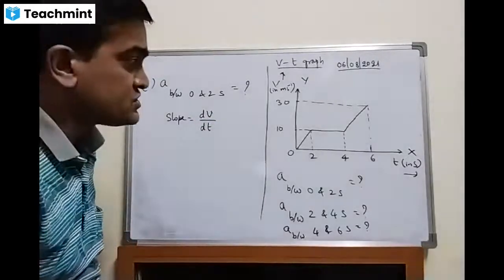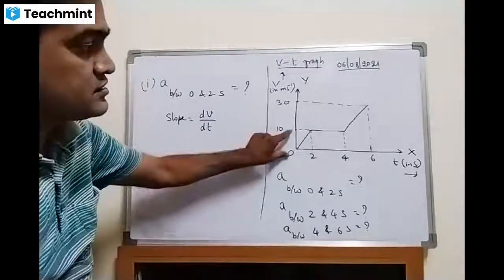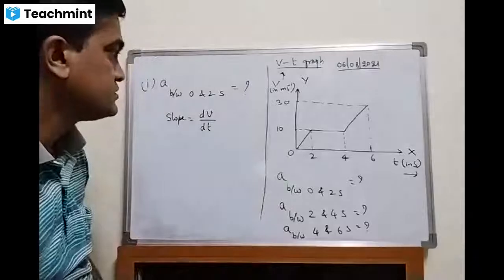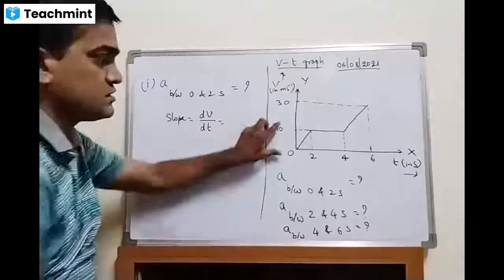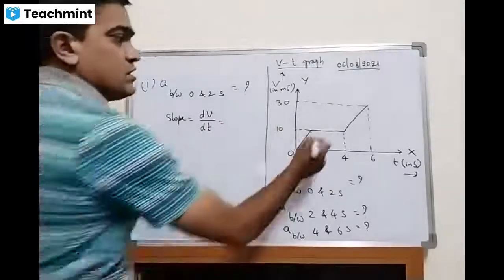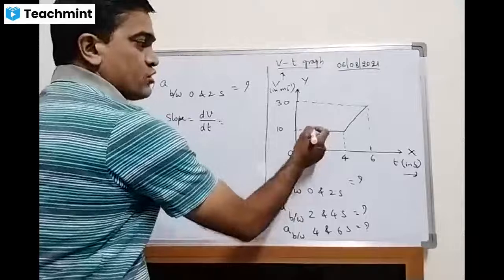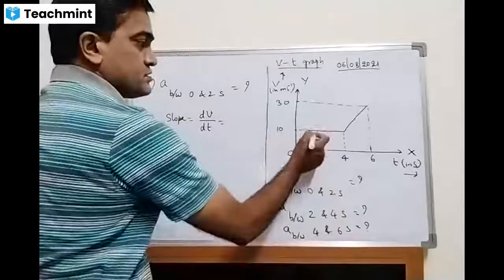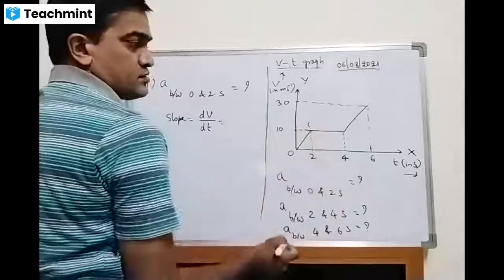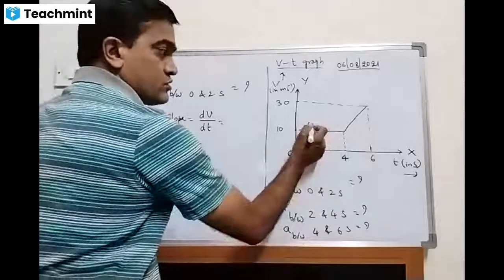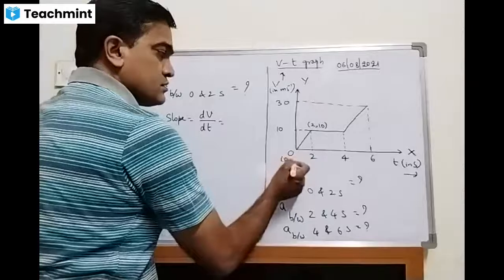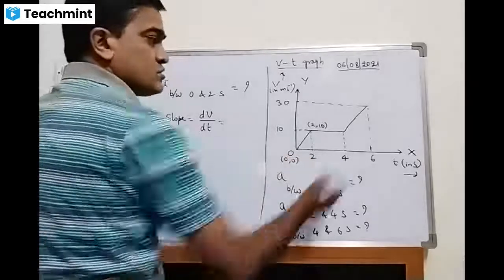Now, what is the change in velocity between 0 and 2 seconds? 10 meters per second. What are the coordinates at this point? 2 comma 10. Coordinates of origin: 0 comma 0.